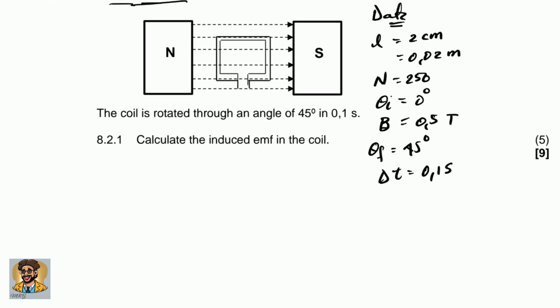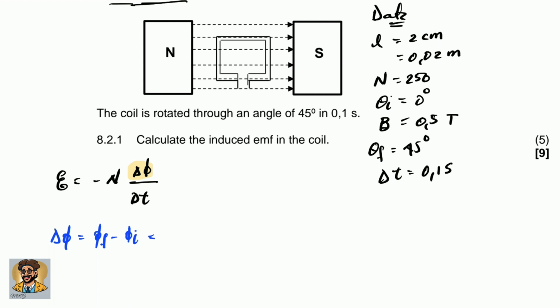So let's calculate the EMF. The EMF is equal to minus N multiplied by the change in magnetic flux divided by the time. We don't have the change in magnetic flux, so let's look for it. That is the final magnetic flux minus the initial magnetic flux.